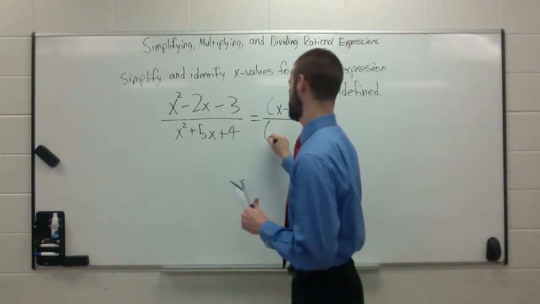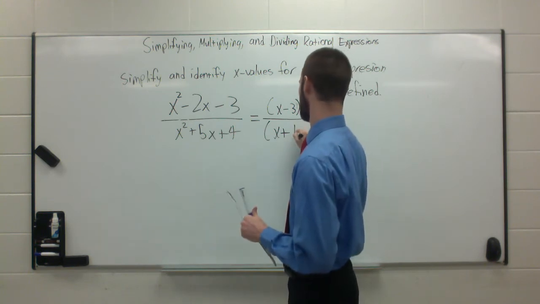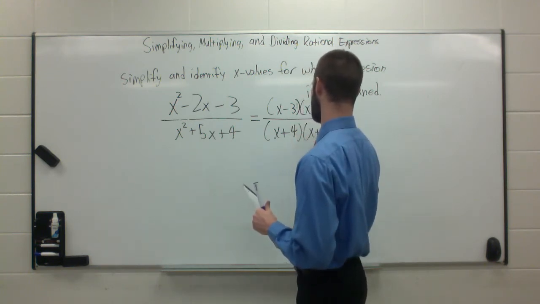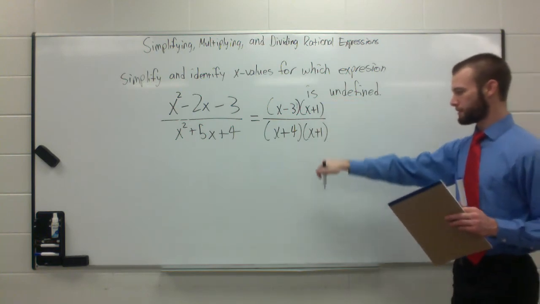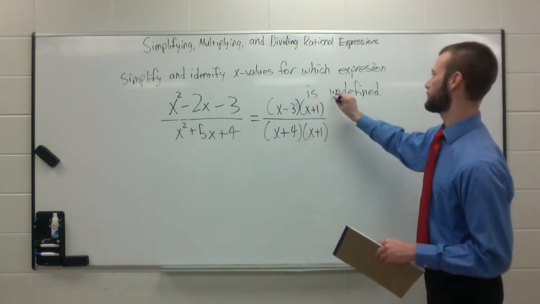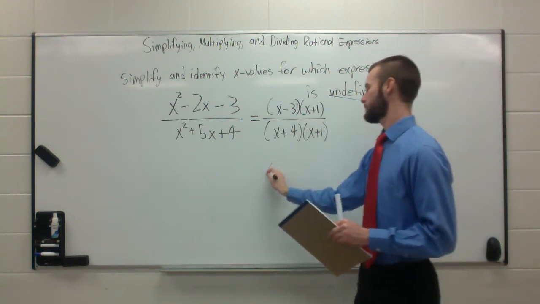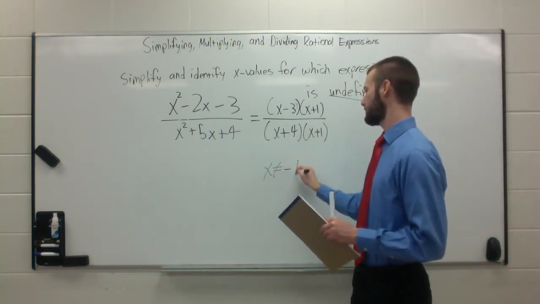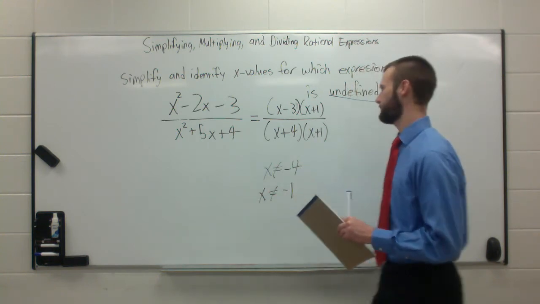I hope so, x plus 4 times x plus 1. Now it's easy to see the x values for which it's undefined: whatever's going to make these factors equal 0. So x cannot equal negative 4, and x cannot equal negative 1.